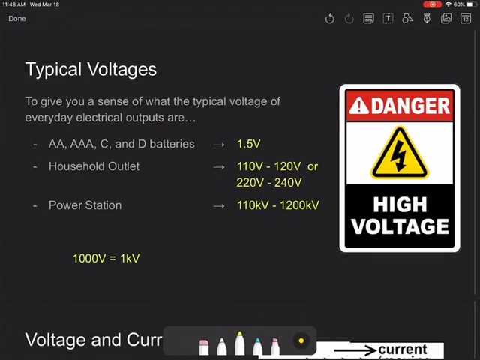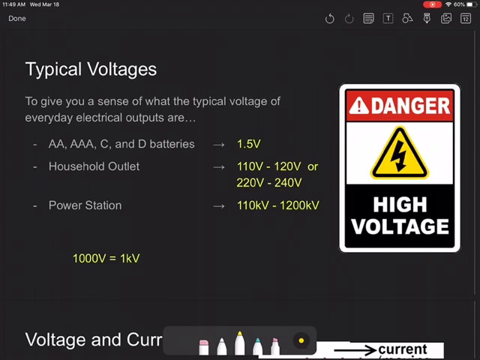Next, we're going to talk about typical voltages, because you might have seen signs like, hey, danger, high voltage. If you go down Stafford, I think it's Stafford and Grant, there's that electrical plant there, a transmission station. There, you might see signs on the fence that say, danger, high voltage. Certain voltages can be dangerous because they cause your current to increase.